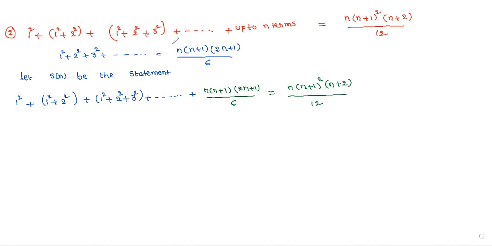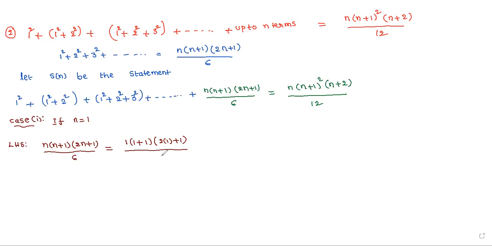First case 1. If n is equal to 1, taking LHS, n into n plus 1 into 2n plus 1 by 6. Substituting n value 1: 1 into 1 plus 1, 2 into 1 plus 1, by 6. 1 plus 1 is 2, 2 plus 1 is 3, 6 by 6, 1.